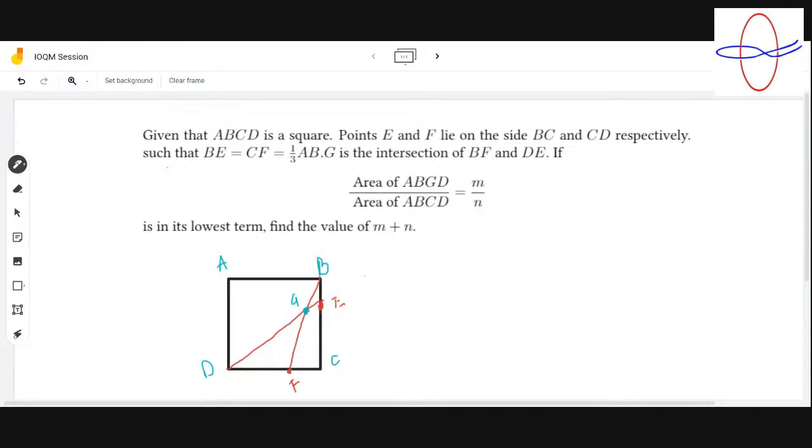We have to find M plus N. Essentially, you have to find out how much the ratio is.